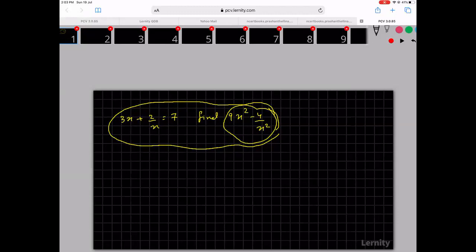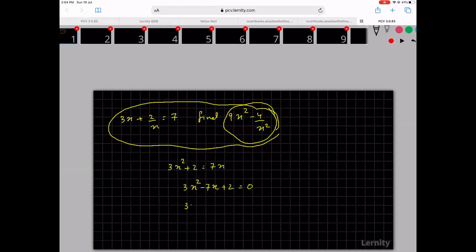Okay, so the way we go ahead is to first write it as a quadratic equation. So you will have 3x square plus 2 is equal to 7x. I just took LCM. So from there I can write it as 3x square minus 7x plus 2 is equal to 0.